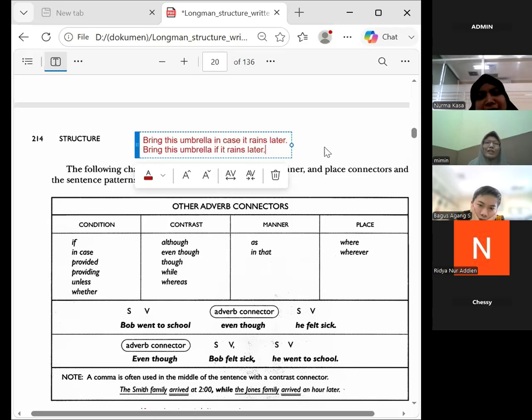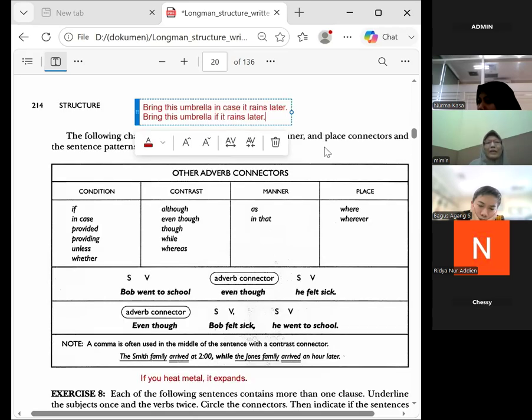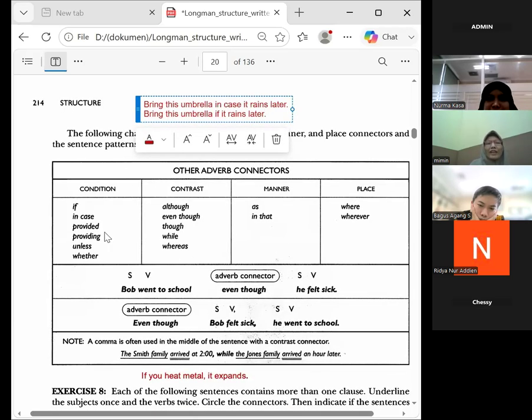But bring this umbrella if it rains later means you wait for the rain. If it rains, then you bring an umbrella. But if not, you don't. Okay, so that's the difference between if and in case. Provided and providing both mean if. Dua-duanya artinya if, jika. Right?